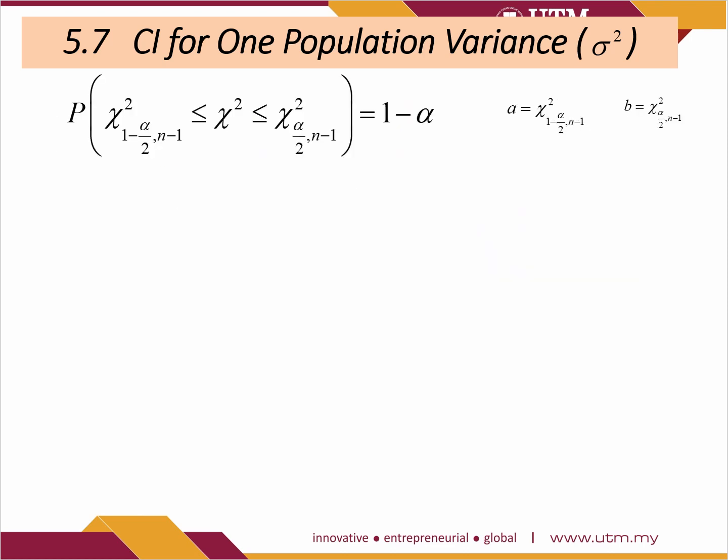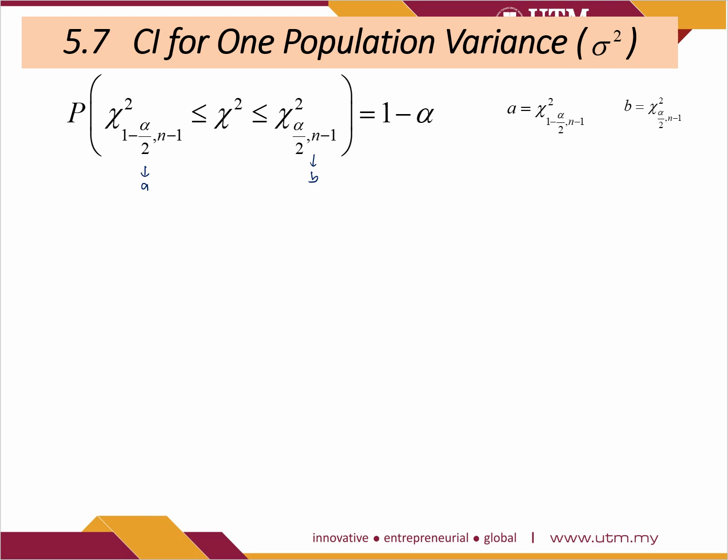Now we want to construct the confidence interval for one population variance. So let's say here we define our lower limit as A, and the upper limit is B. So A is equal to chi-square 1 minus alpha over 2, and the degrees of freedom is n minus 1.